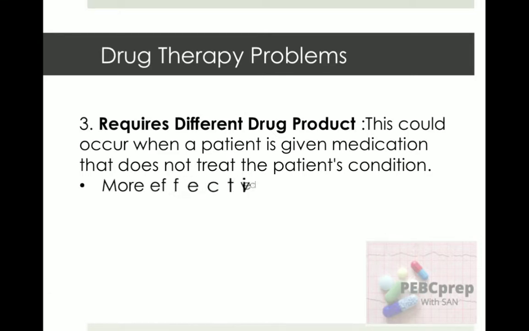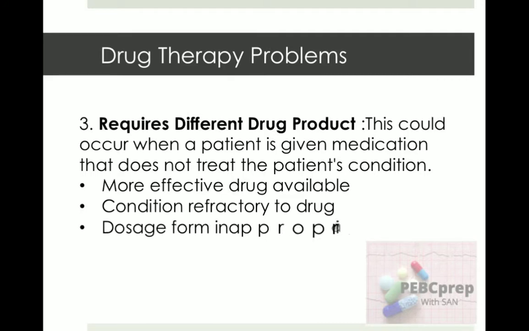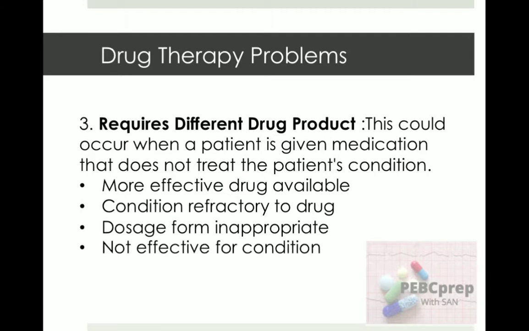For example, a more effective drug is available, condition refractory to drug, dosage form is inappropriate, not effective for the condition. So simply any example in which you have to change the medicine comes under this category.